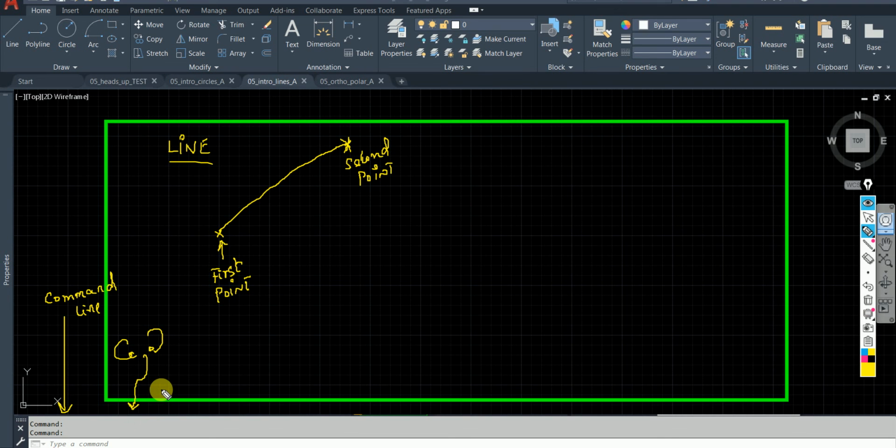He is your friend. He will tell you what he wants. Even if I do not know what AutoCAD wants, I look at the command line. He will tell me what I need. Okay. For example. Is this clear? Yes. What I will do is, 1 minute.